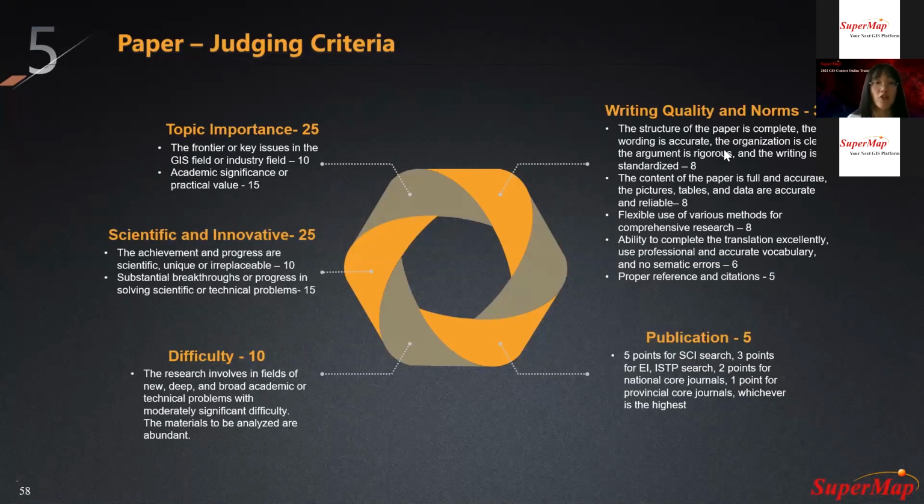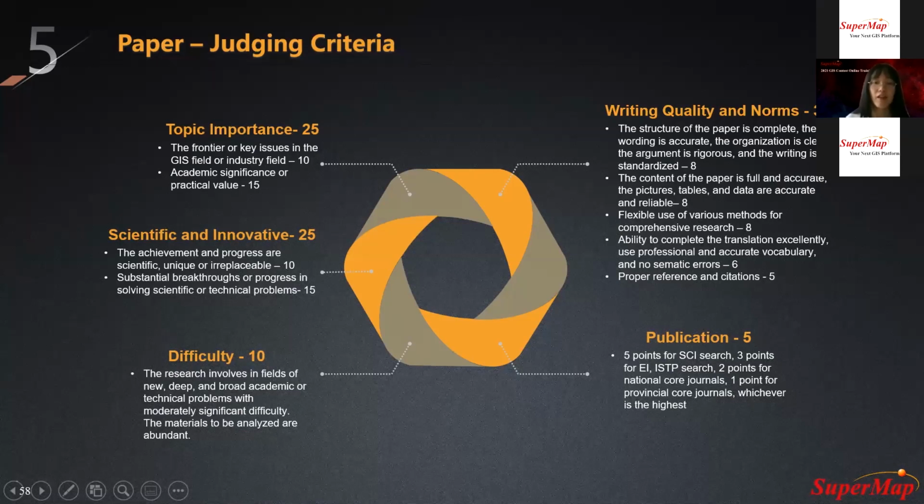And you should make sure the topic you choose is important, and you have a scientific and innovative interpretation of the topic. The difficulty of your work is also our judging criteria. And if your work is published, then you can earn some more points for that.